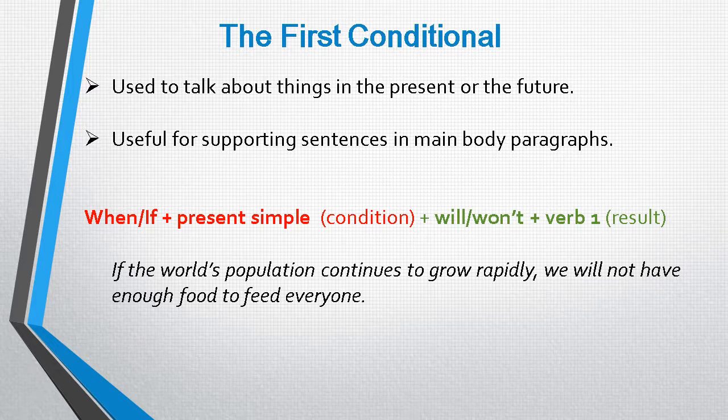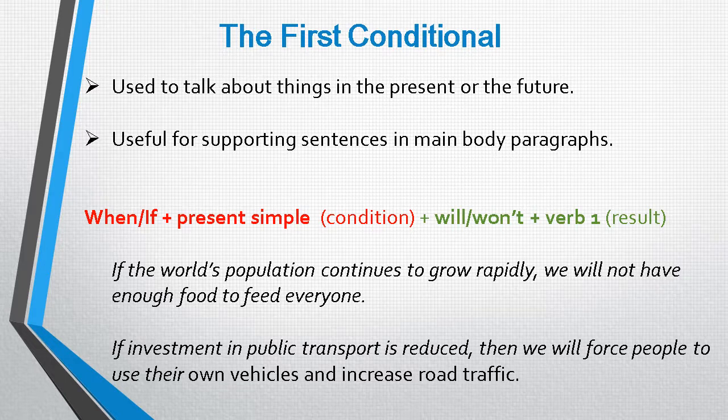A couple of examples. If the world's population continues to grow rapidly, we will not have enough food to feed everyone. If investment in public transport is reduced, then we will force people to use their own vehicles and increase road traffic.